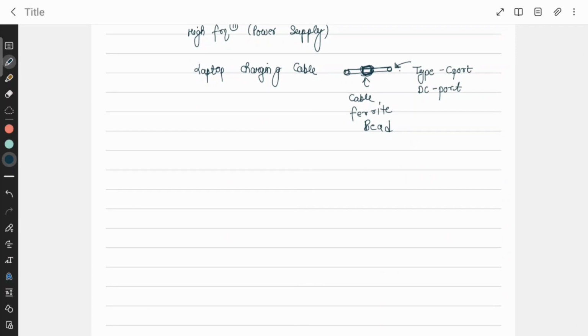It is a technique for filtering the noise of a high frequency power supply. So I will write down the definition of the Ferrite Bead.